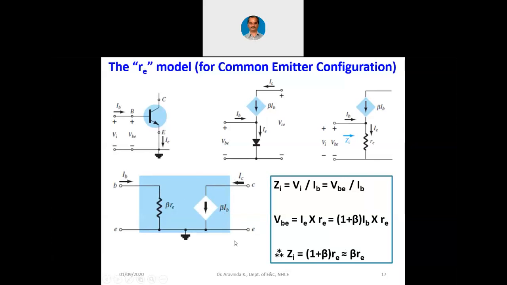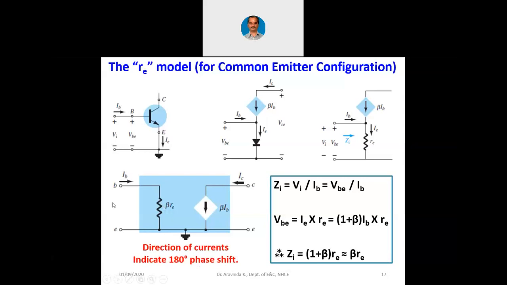You are already familiar with this, so let me proceed to the next slide where we have the computation of the input impedance for the base bias. Now the direction of currents indicates a 180-degree phase shift here. You can see that IB is going into the base whereas IC is going into the collector, and when we represent using this pi model, IB and IC are in opposite directions, which simply means that there is a 180-degree phase shift.